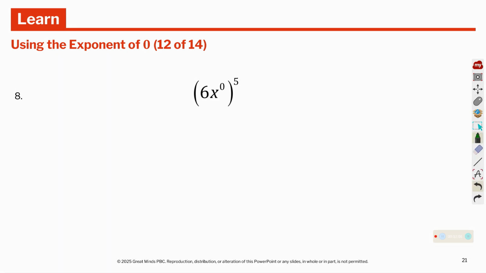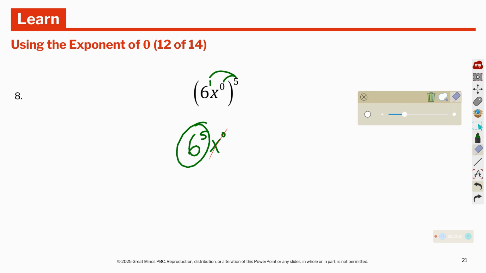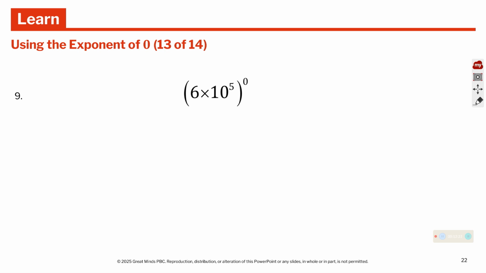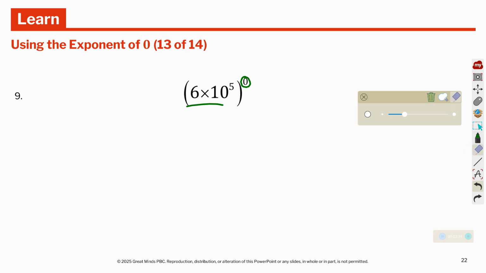However, this one, 5 times 1 is 5. 5 times 0 is 0. This piece becomes 1. So it is just 6 to the 5th power. All of this is to the 0 power, so it is 1.